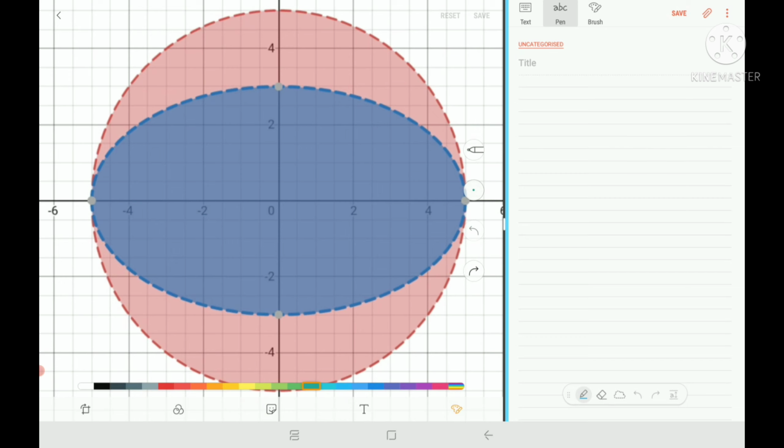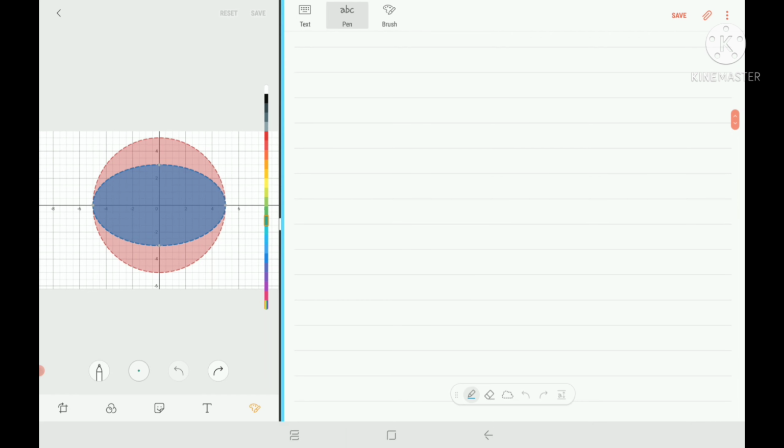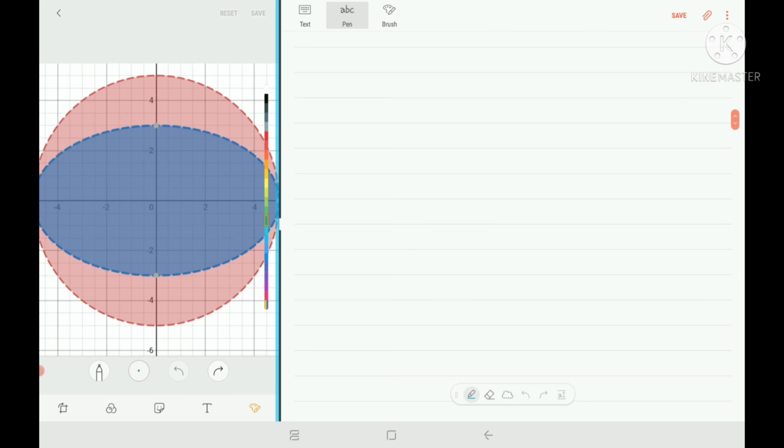Here theta is the variable, and as you change theta, x can vary from minus a to a, and in this case a is 5. I'll write that down here. For our case, the points can be represented as 5 cos theta.